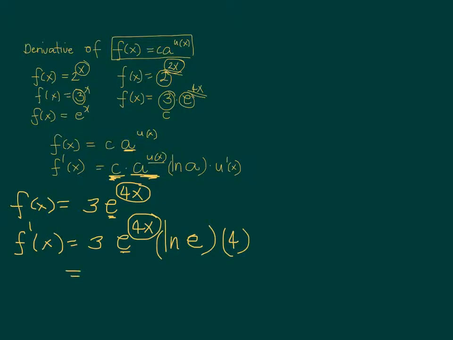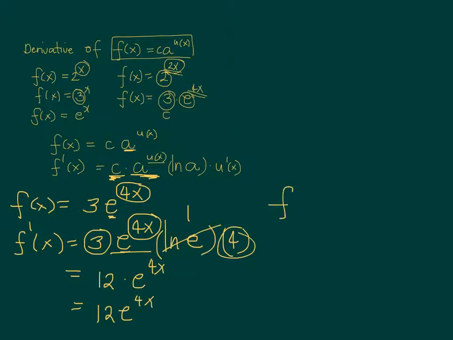To simplify the resulting derivative, ln e is equal to 1. 3 times 4 is equal to 12, and then we have times e to the 4x. Or in simplest form, this is 12e to the 4x. So that's how you get the derivative of the function.